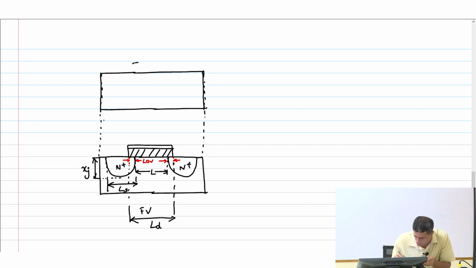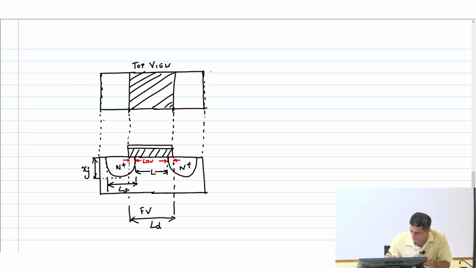Obviously here is where I have my gate. This is my oxide. First, tell me what this dimension is, if this is the top view. Yeah, W. Great.